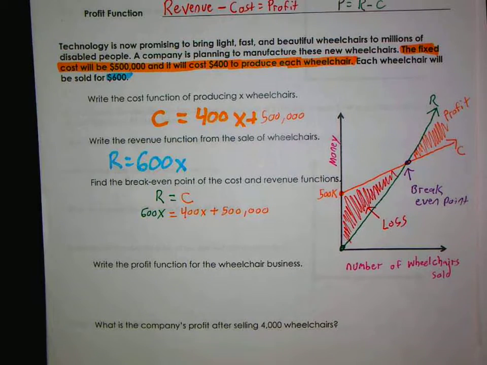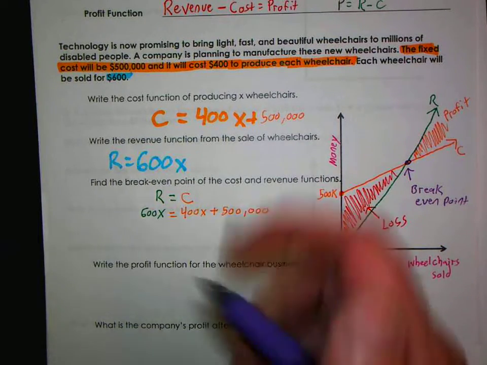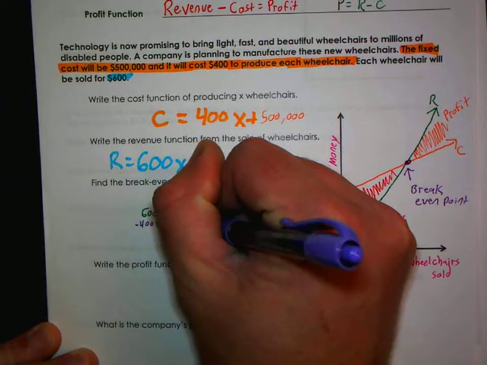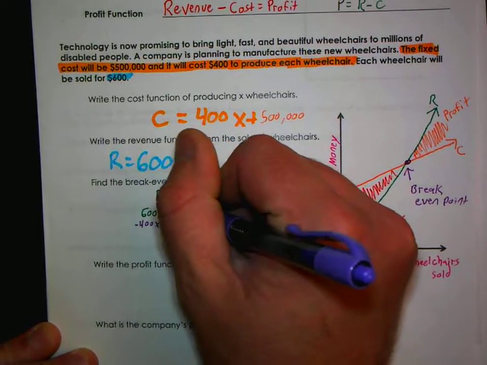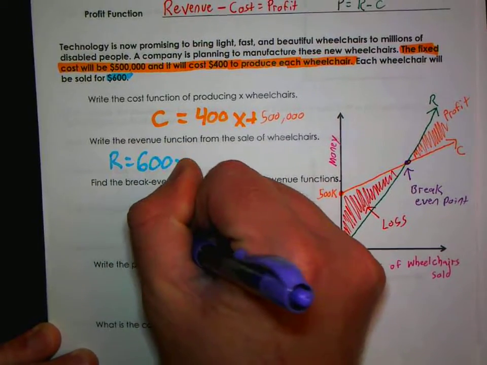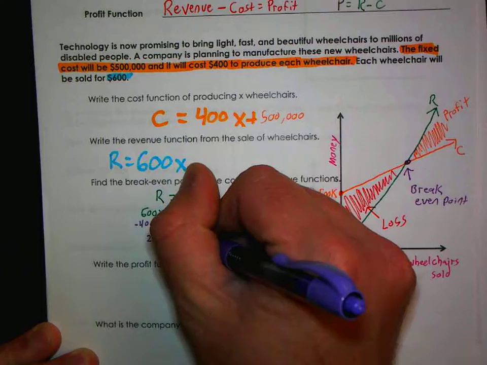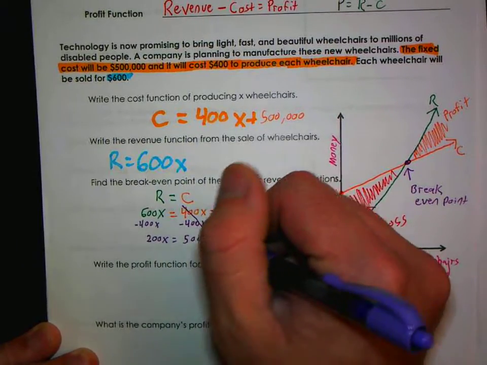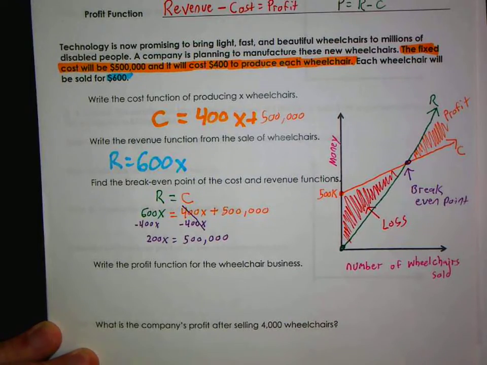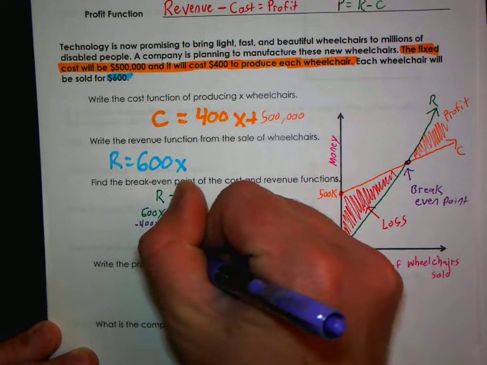Okay, minus 400x on both sides. Those cancel. 600 minus 400 is 200. Take 500 grand divided by 200.